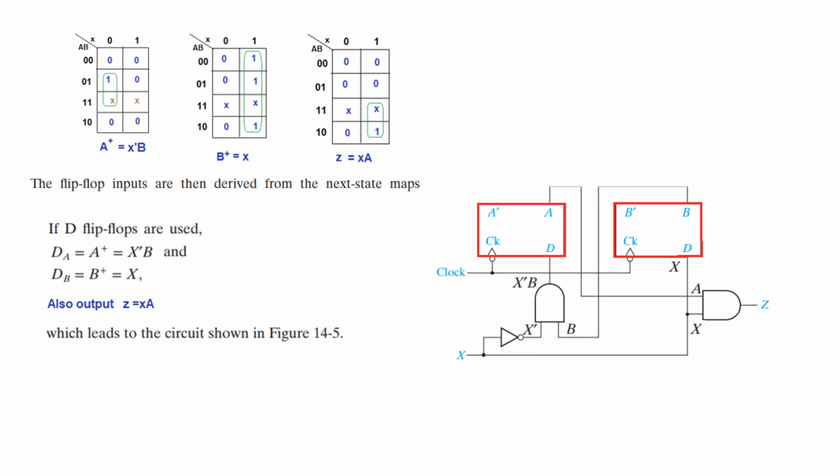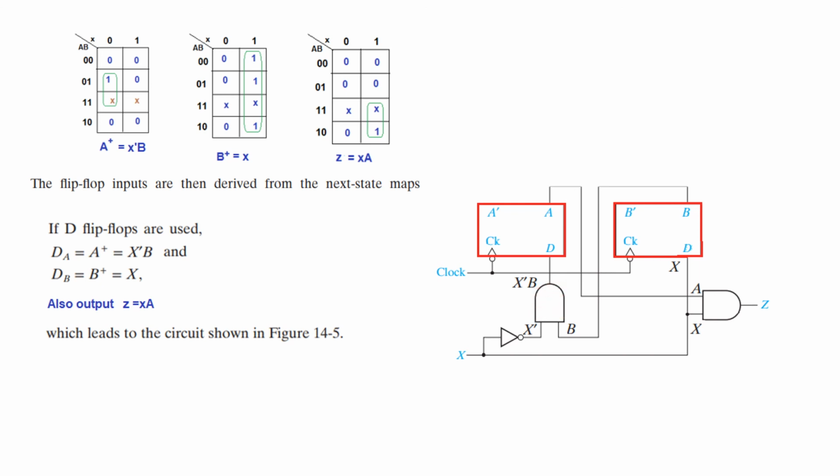DA is A plus, which is X dash B. So this output should be X dash B. That means the input should also be X dash B, because D flip-flop just transfers the input to the output at the clock pulse. So what we are looking for here is X dash B. For that we have to use an AND gate with 2 inputs.